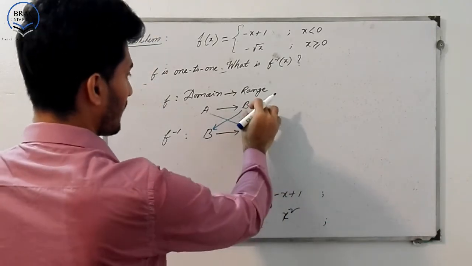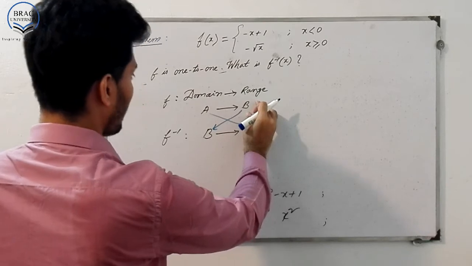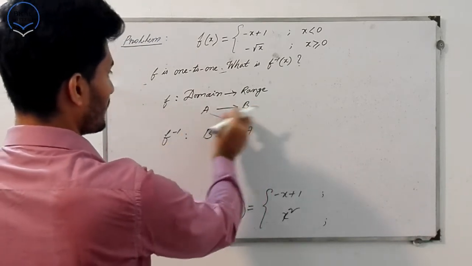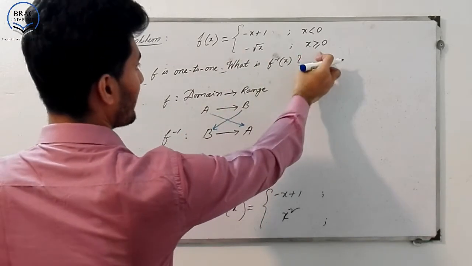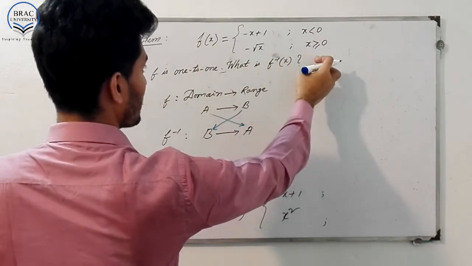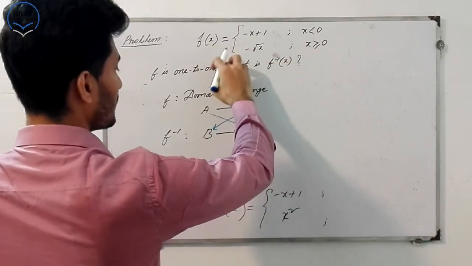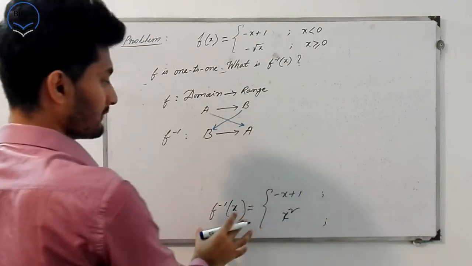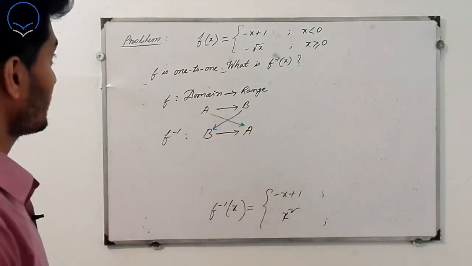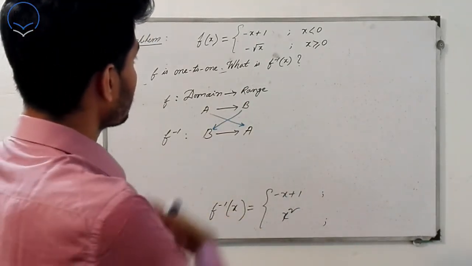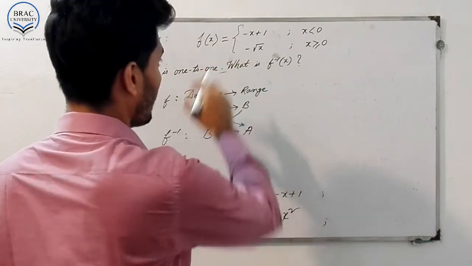So our target now is to find out the range of f. We already know the domain of f, so we have to be able to find out the range of f to find out the domain of f inverse. I hope that makes sense. So let's try to find out the range of f.